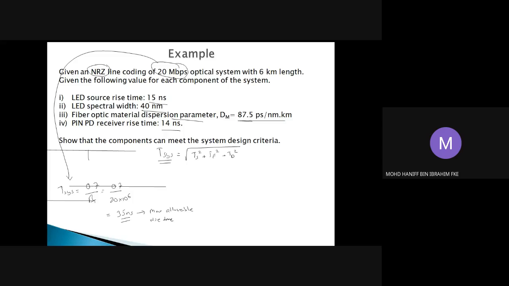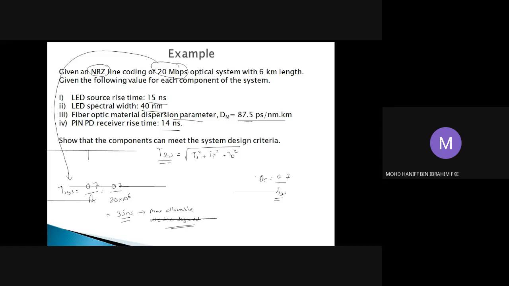degradation. Which means that the rise time you calculate based on these components' rise time values cannot exceed this value of 35 nanoseconds, because from this relationship we have BT equals 0.7 divided by T6.